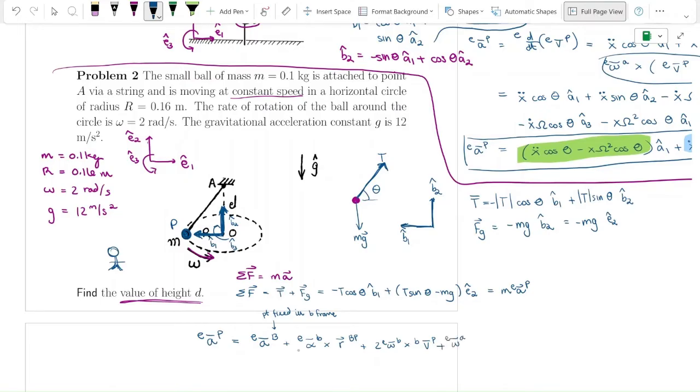And honestly, if you knew the expression for just centripetal acceleration, you could just plug that directly in. But I'm just showing how you would get it if, say, the acceleration was more complicated.